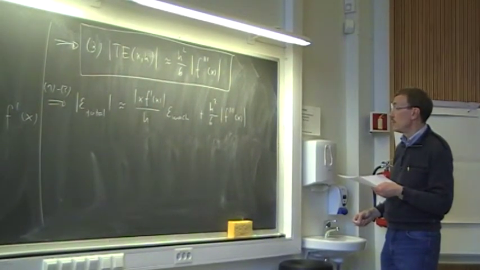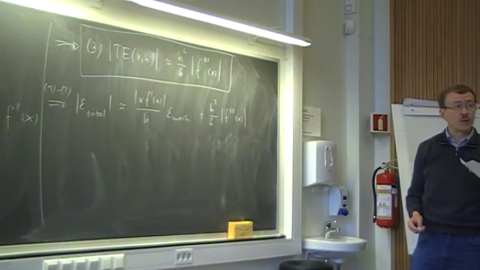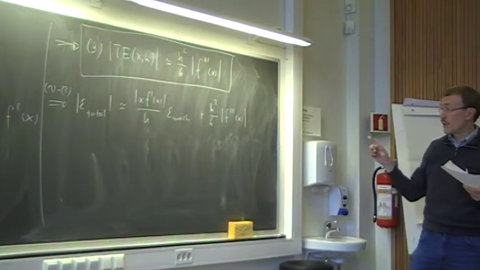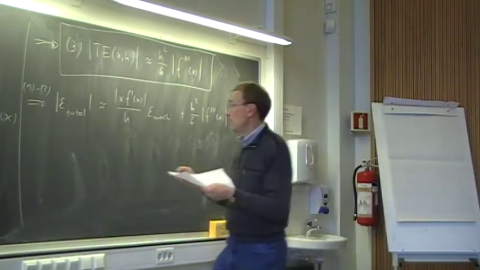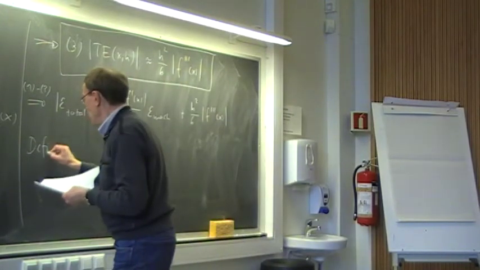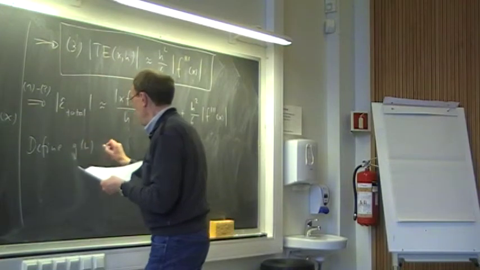And then the important thing for us is now the relation that we consider this as a function of h. So we define our function, we define the minimum as g of h.